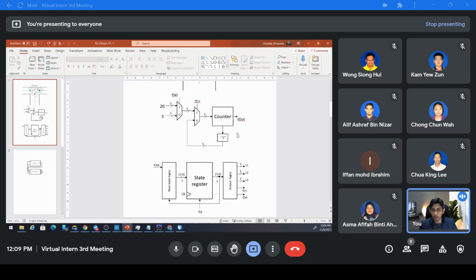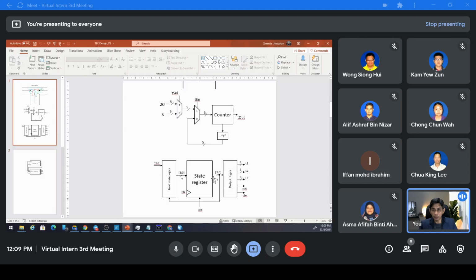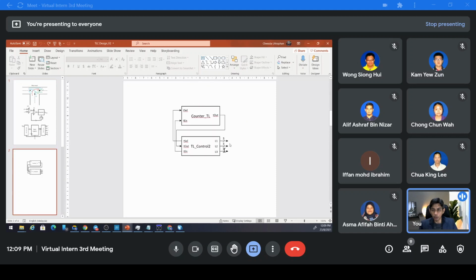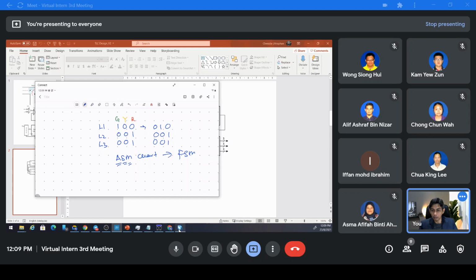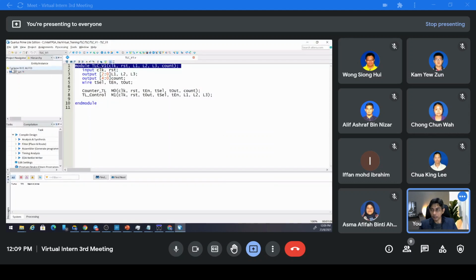I have this module, the name is counter module. This is the controller module, and I connect all of this to be the traffic light controller, the complete module. This is the top module here. So in this top module, I have the counter and traffic light controller.